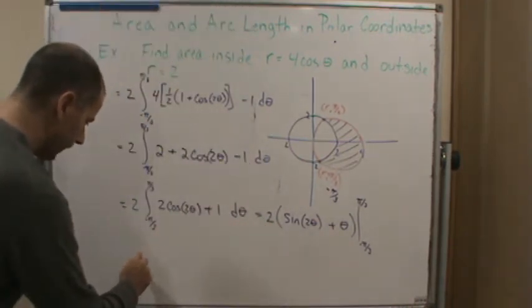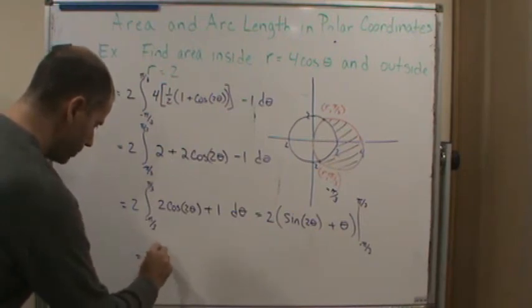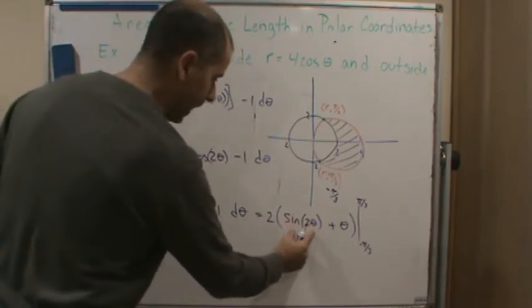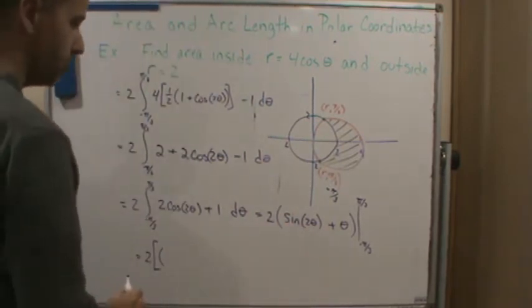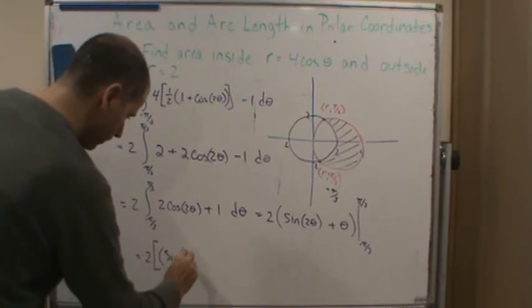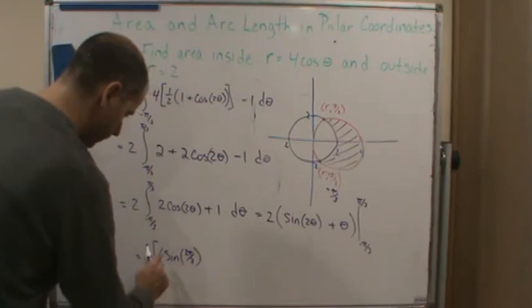now here I'm going to get what? 2 times, I'm going to get sine of what? 2 pi over 3. Okay?